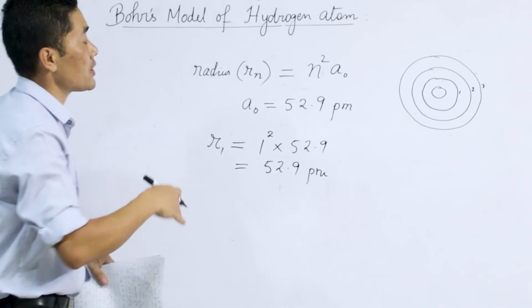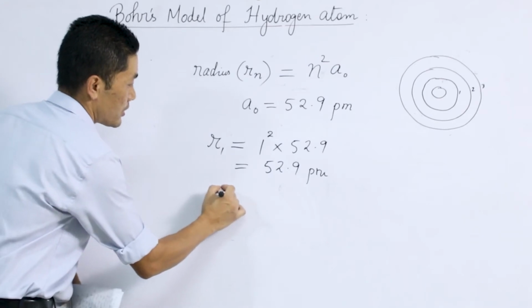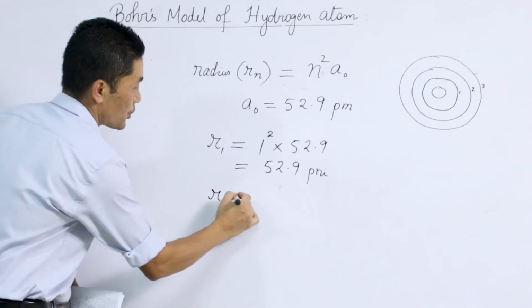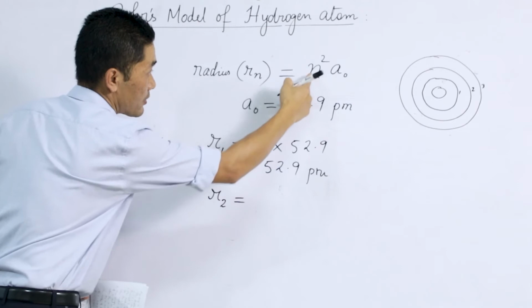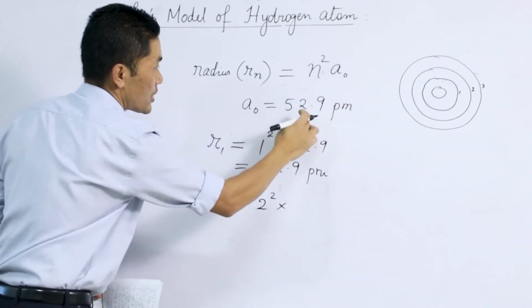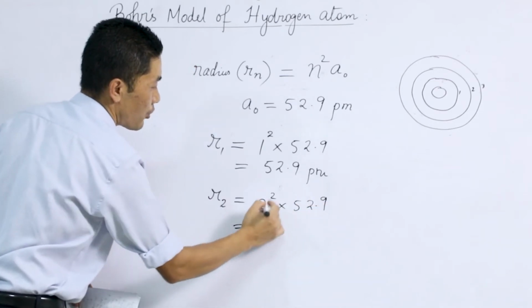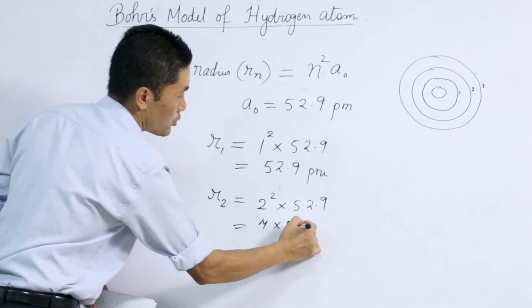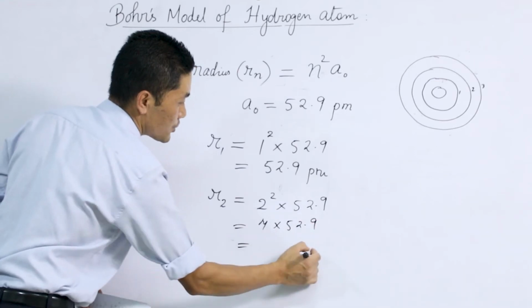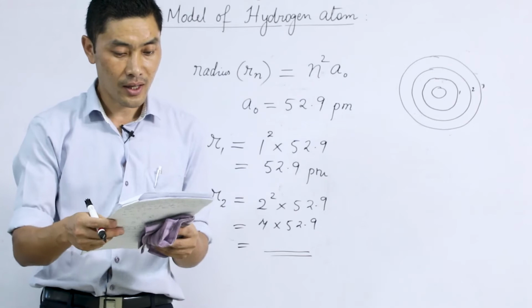If the atom has a second orbit also, then we can calculate its radius like this. R2 will be equal to n squared, in this case 2 squared into a naught, which is 52.9. 2 squared is 4 into 52.9. And multiplying this, we will get the radius of the second orbit also.